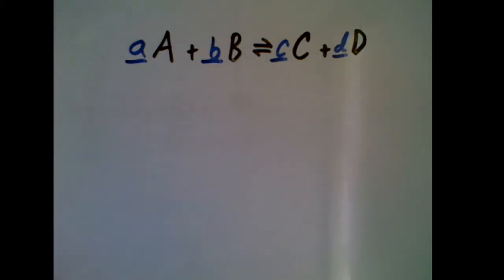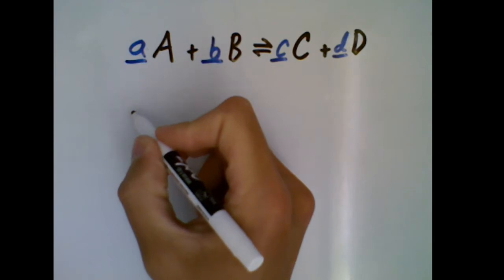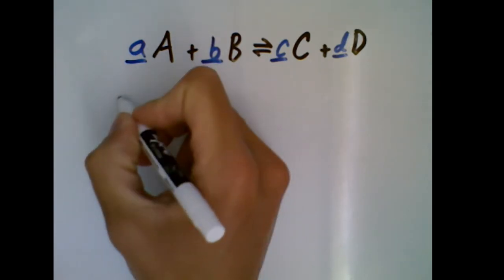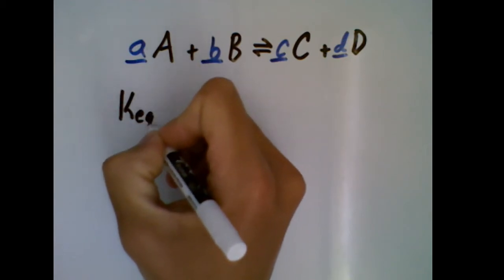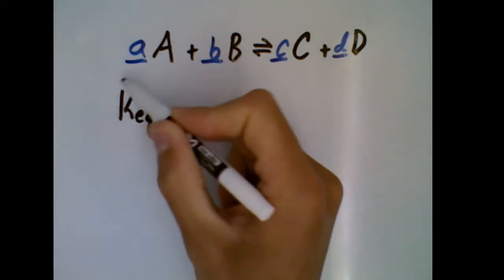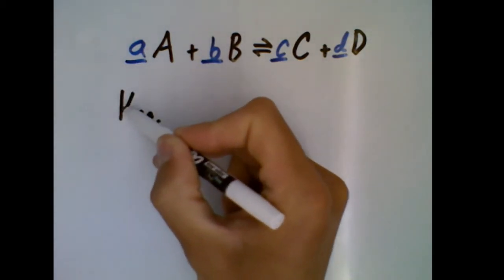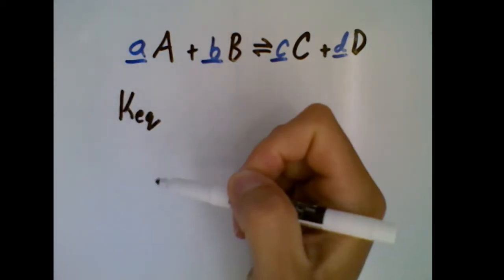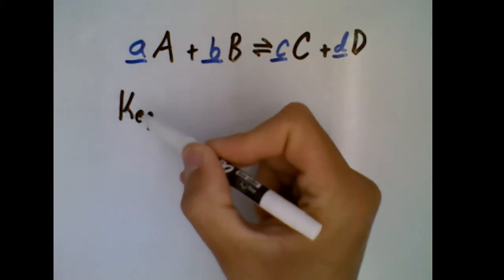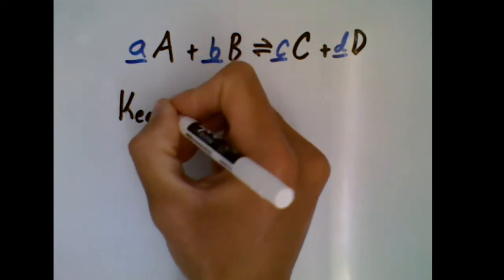To help us understand the amounts that we're dealing with at equilibrium, we use something called the KEQ. K in chemistry represents constant, and EQ means equilibrium, so we're talking about the constant of equilibrium.